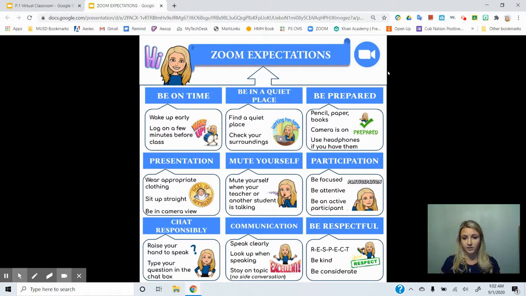It is important for their camera to be on so that we can try to make this as normal of a learning classroom and environment as possible. This will allow me to better engage with students and for them to engage with one another. I do understand that some families will choose to have them off, and just to ensure that we are all on the same page, please make sure to email me if you are allowing your student to be off camera on a daily basis. This would be greatly appreciated.